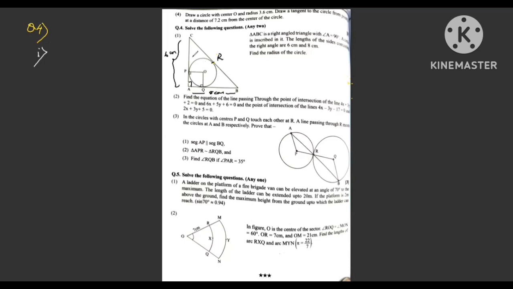So what I do, suppose this is the figure given, okay? Here the point of contact R is not mentioned.